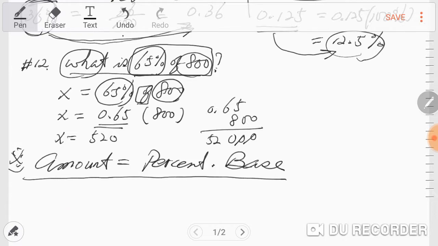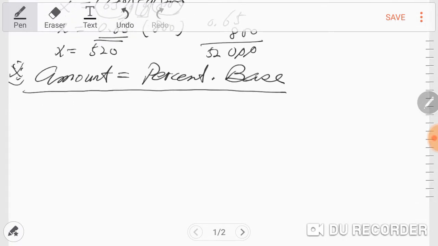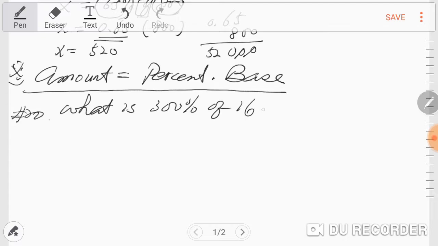So let's try another example. Number 20. What is 300% of 16? So we are looking for the result of this product. Let's replace what with a variable x. The next is the percent times the base.